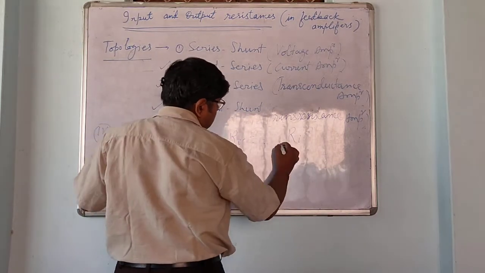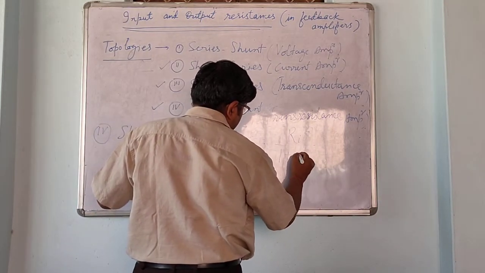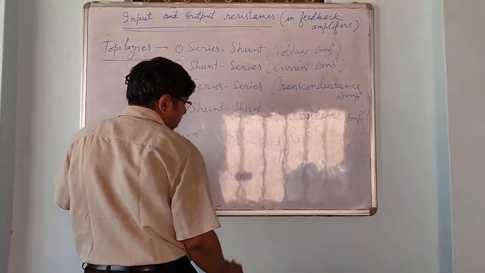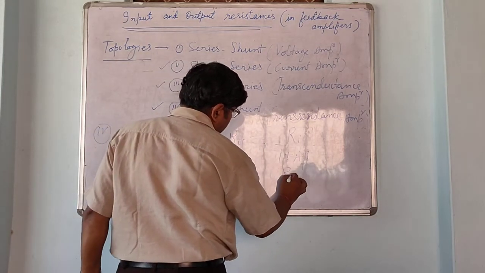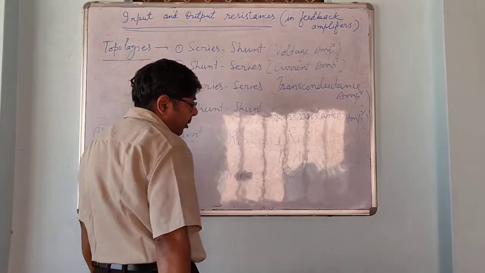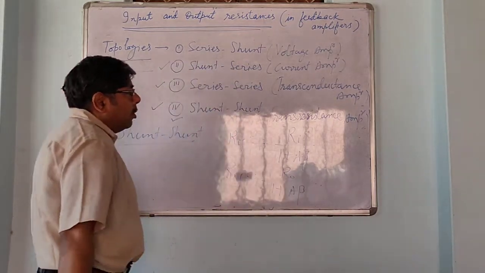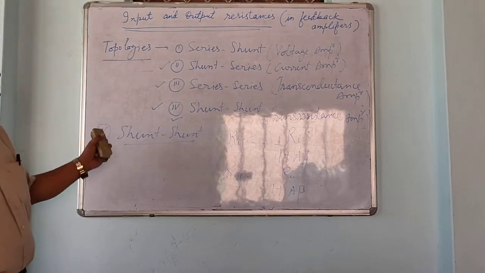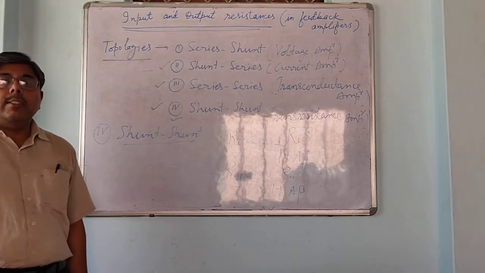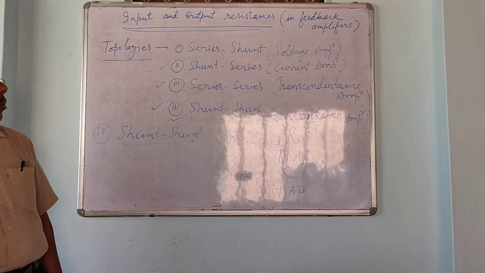Original input resistance is decreased by this factor. Similarly, actual output resistance is decreased by the same. So this is the method to find out input and output resistances for 4 different topologies.